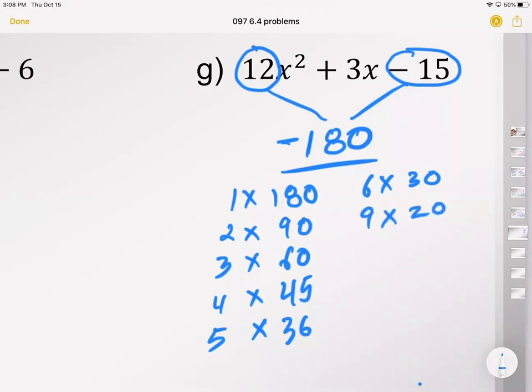And again, you look at these numbers and say, well, none of these numbers subtract to give you 3.